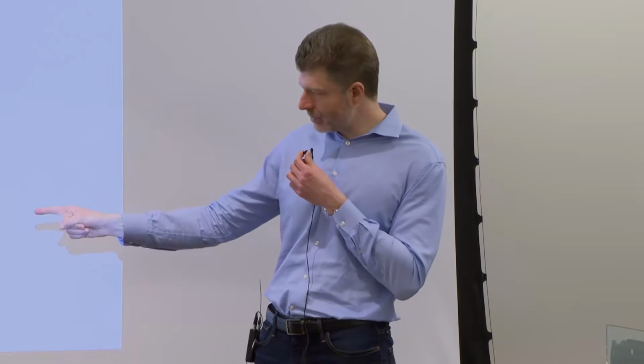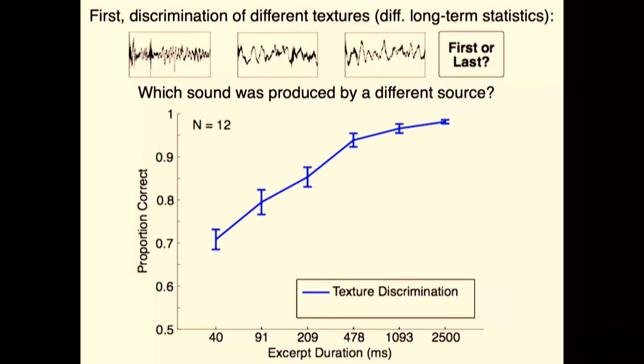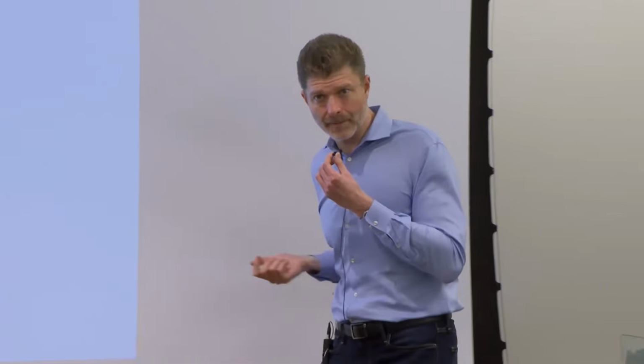Okay, and this graph is going to show you how accurately people can perform this task. So the y-axis plots proportion correct as a function of the duration of the stimulus excerpt. Okay, and what you see is not super surprising, which is that as the excerpts get longer, people get better. Right? It's not surprising in the sense that as the stimulus excerpts get longer, you're giving people more information with which to do the task and to tell that these two things have something in common and that that first one is different.